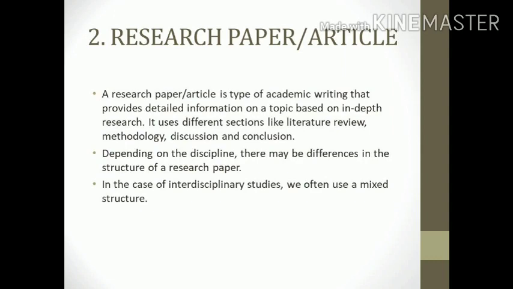Depending on the discipline, there may be differences in the structure of a research paper. This means there are subtle differences in the method of study, sequence, and writing style of papers in humanities, social science, and science. In the case of interdisciplinary studies, we often use a mixed structure.